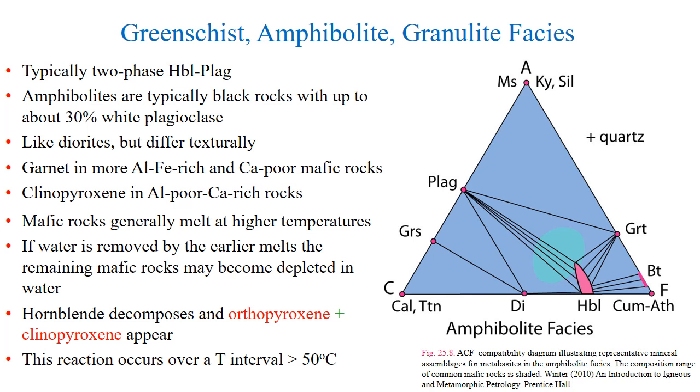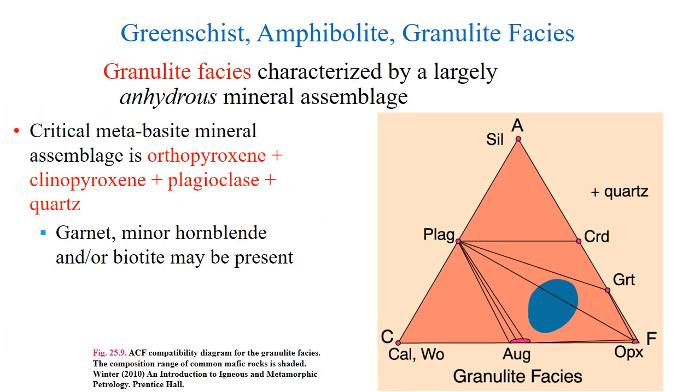Hornblende is typically the last remaining hydrous phase and will decompose into orthopyroxene and clinopyroxene. The granulite facies is characterized by the presence of largely anhydrous phases. The critical assemblage is orthopyroxene plus clinopyroxene, plagioclase, and quartz. Garnet is also a common phase, and minor hornblende and biotite may be present at low granulite grades.